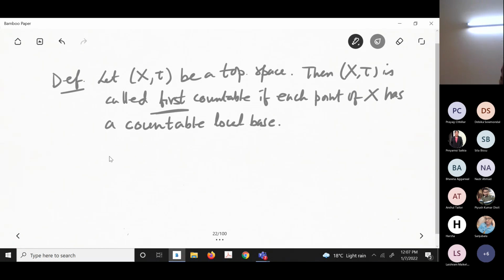First example: every metric space (X, d) is first countable.